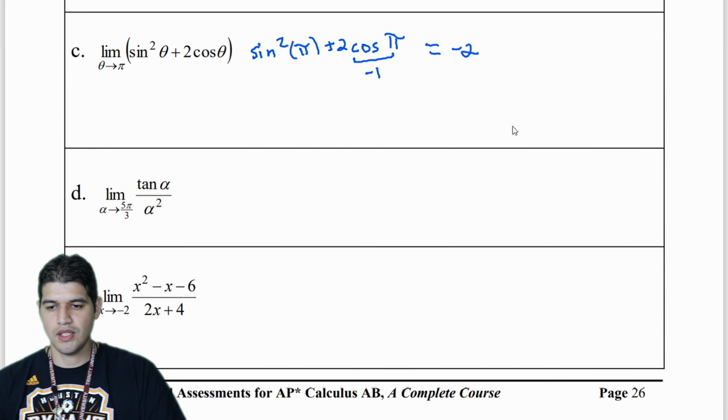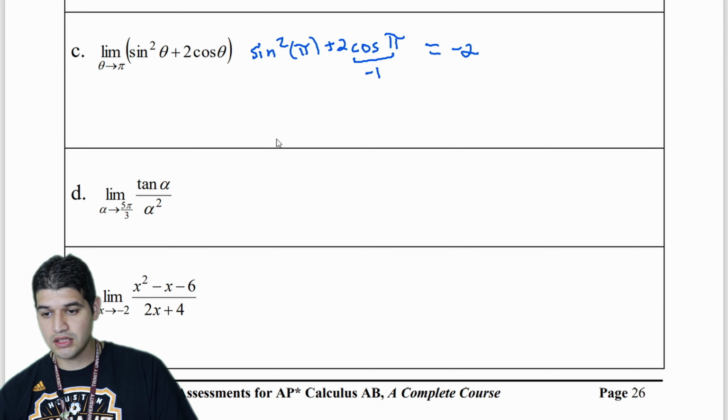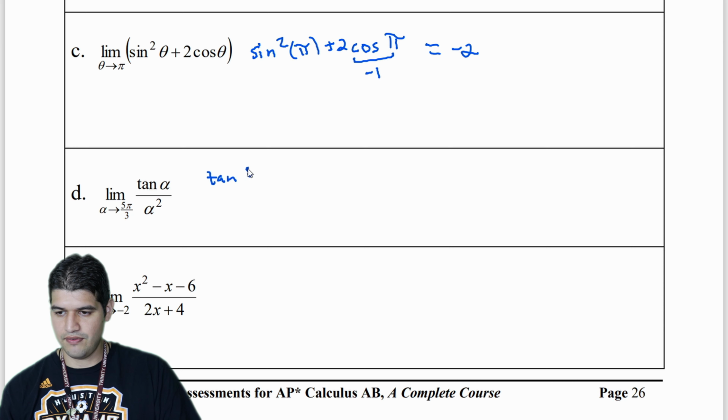Here in this trig, we're going to be looking at tangent of alpha over alpha squared. Let's substitute in 5 pi over 3. So tangent of 5 pi over 3 over 5 pi over 3 quantity squared.